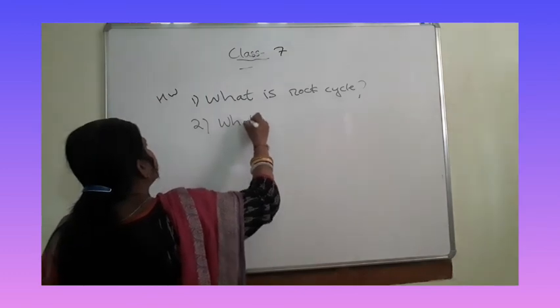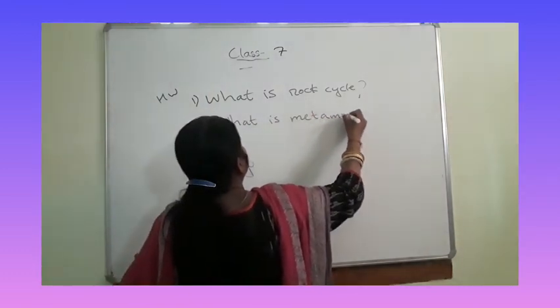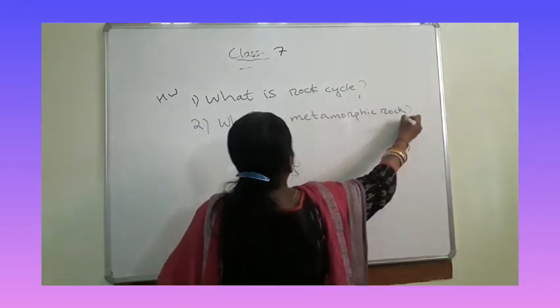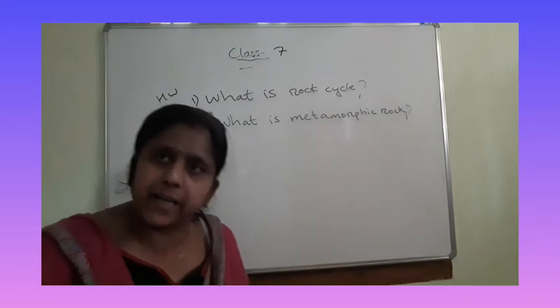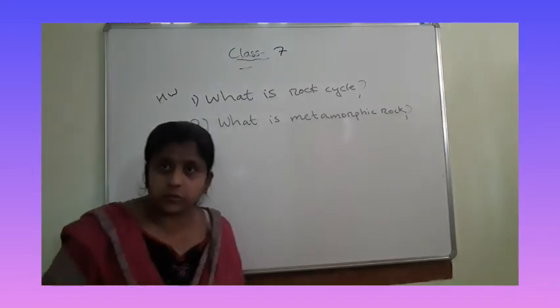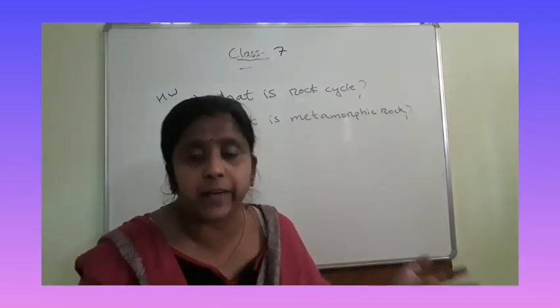What is metamorphic rock? Explain in detail. Next class we will read about the uses of minerals and about minerals in detail, and also we will do the exercise questions.